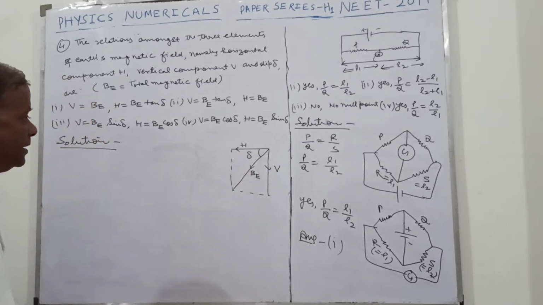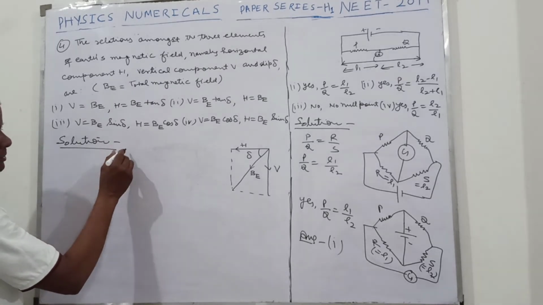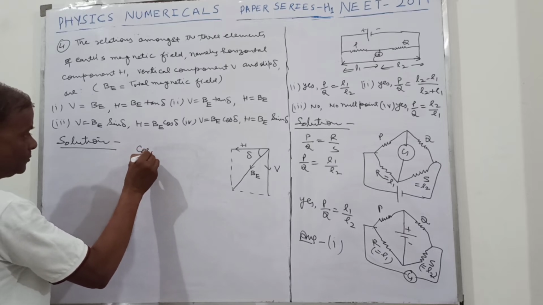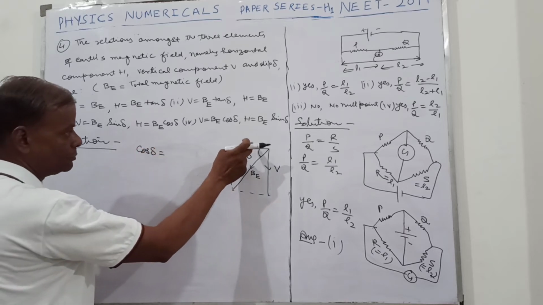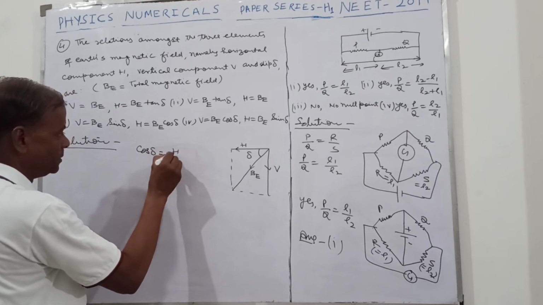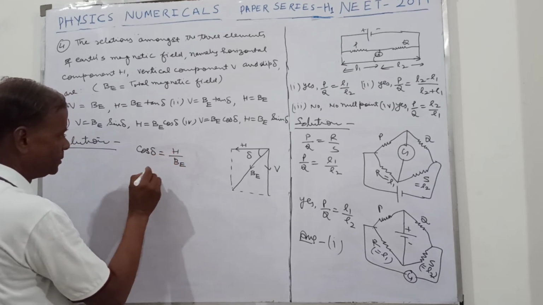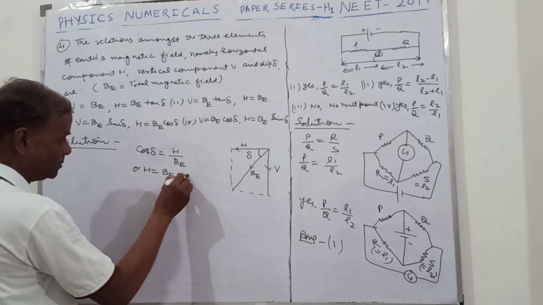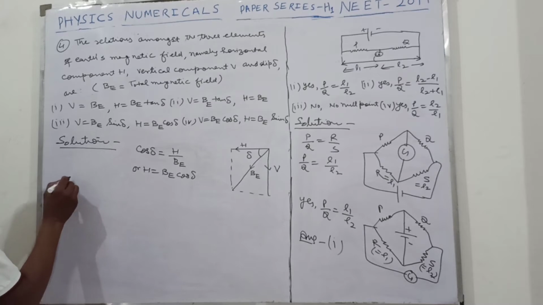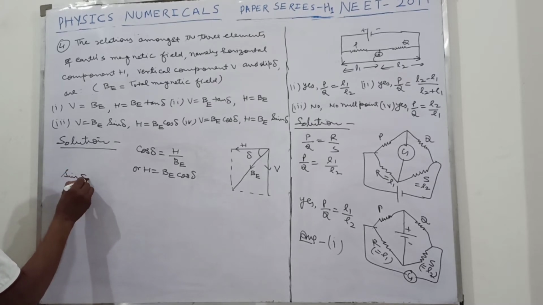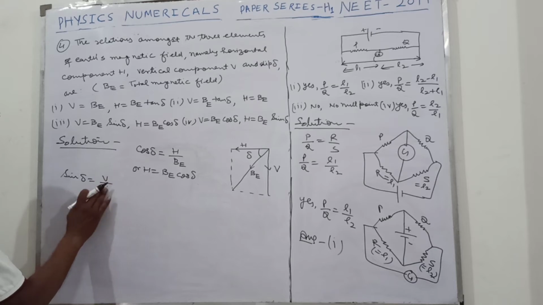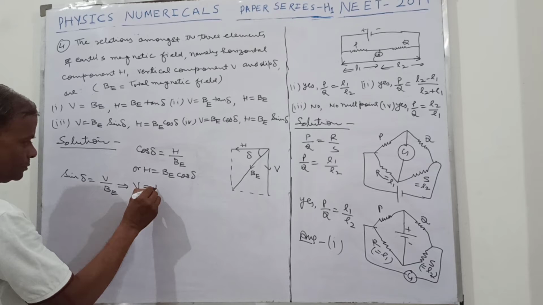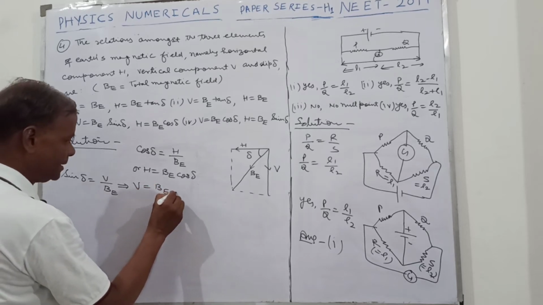So from this you can find that cos delta is equal to base upon hypotenuse, H upon BE, or H equal to BE cos delta, and sin delta equal to V upon BE, so V equal to BE sin delta.